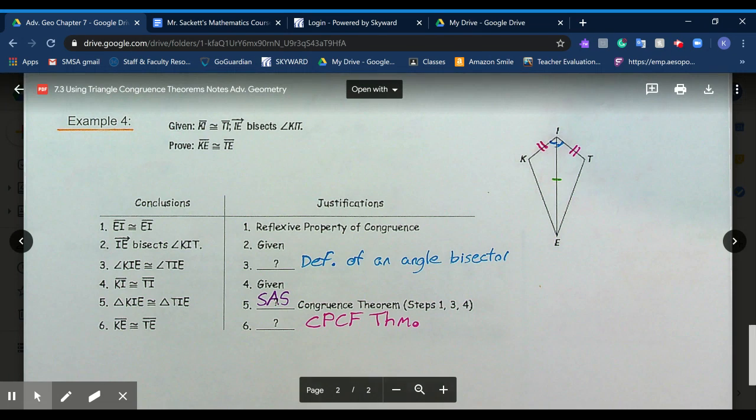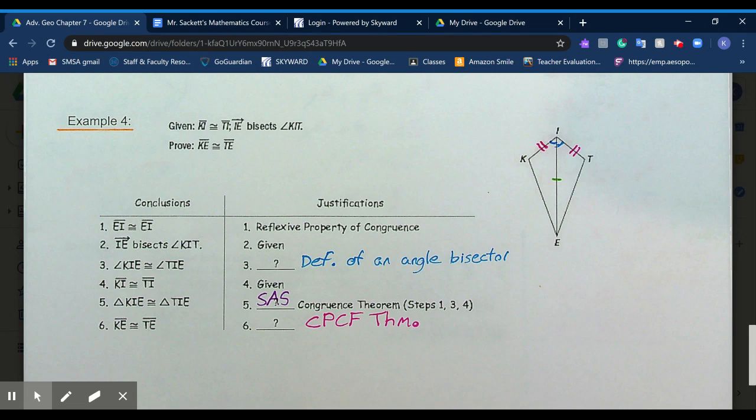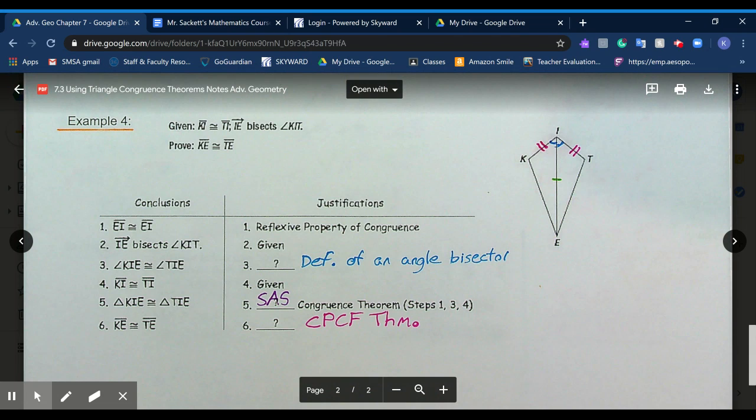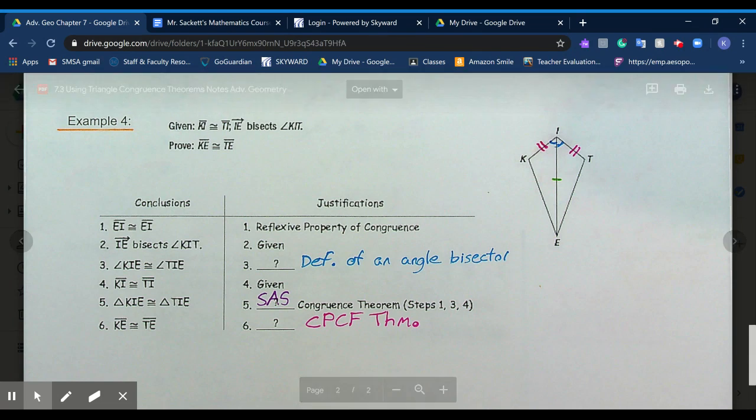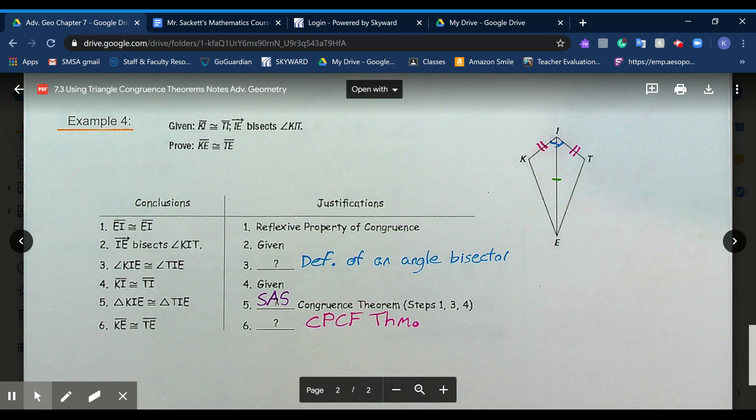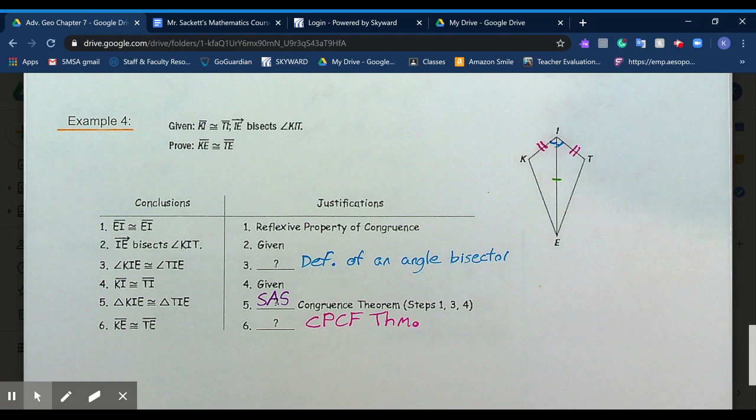So we could say triangle KIE is congruent to triangle TIE. And then based on those congruent triangles, the corresponding parts, we could say that segment KE is congruent to segment TE. And that would be part of the corresponding parts of congruent figures theorem.